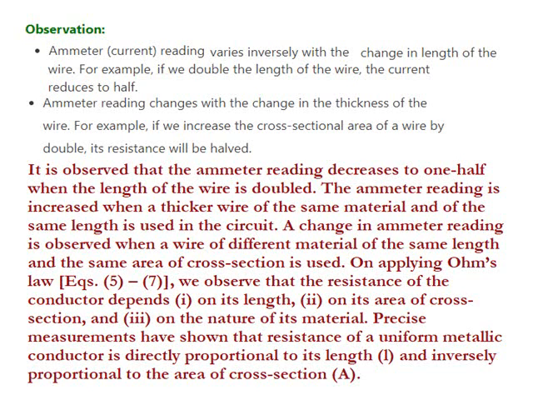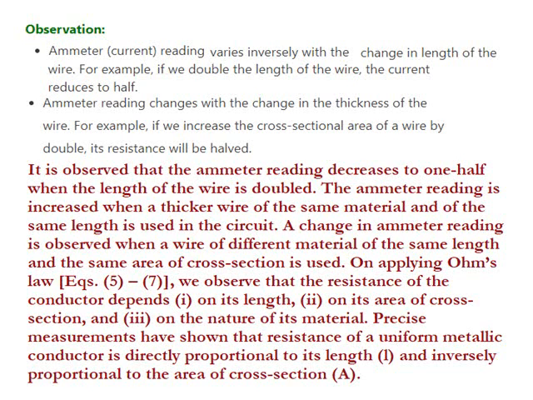The ammeter reading is increased when a thicker wire of the same material and of the same length is used in the circuit. A change in the ammeter reading is observed when a wire of different material of the same length and same area of cross section is used.